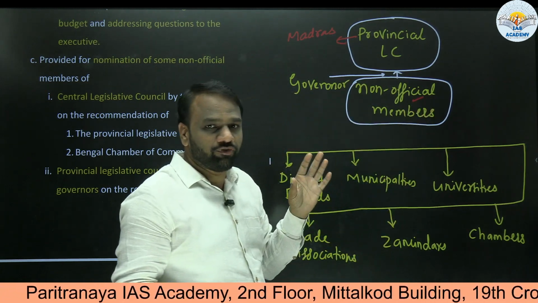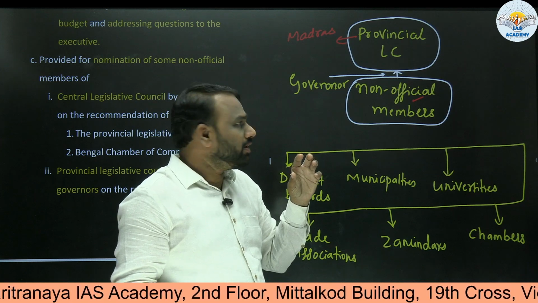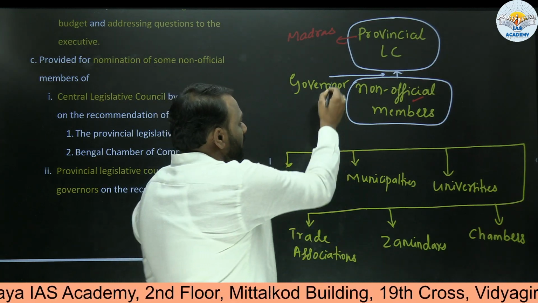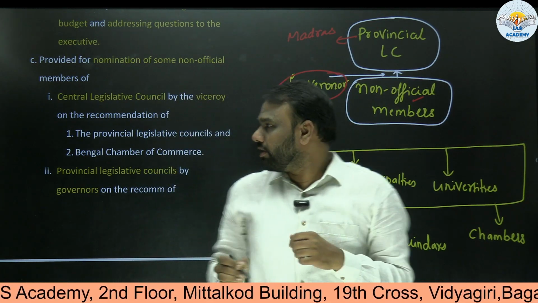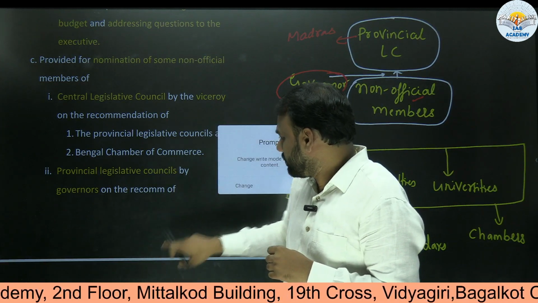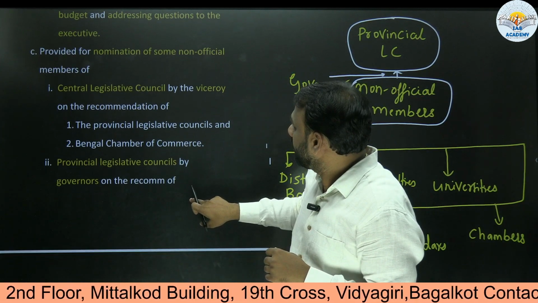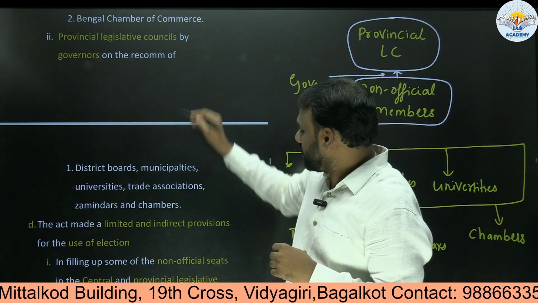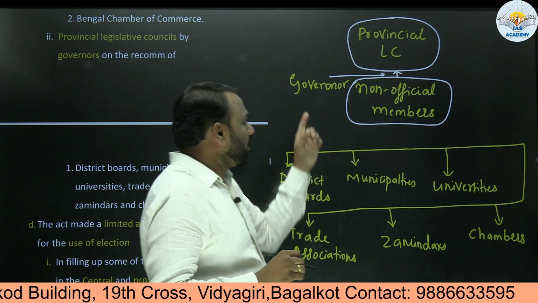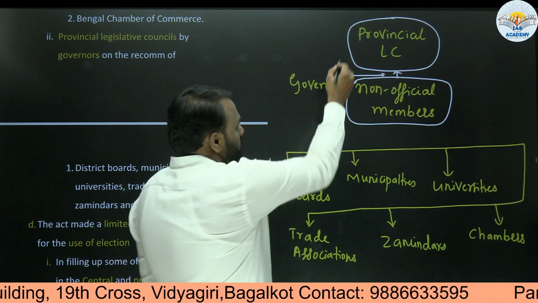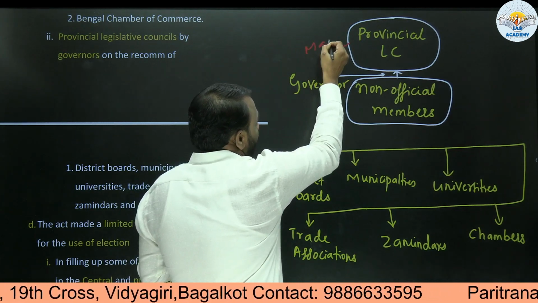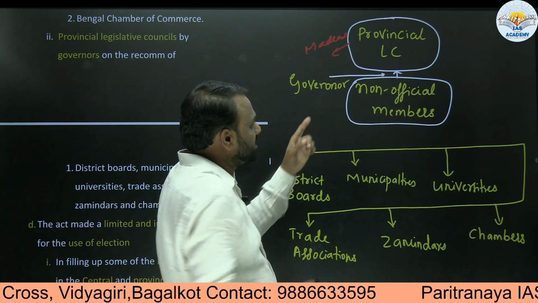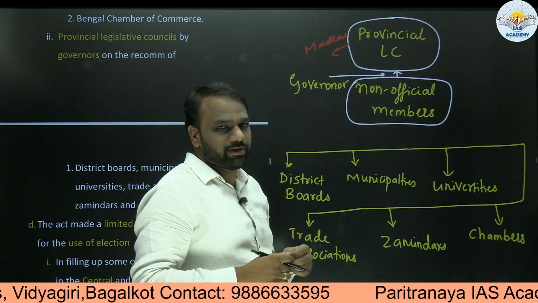Okay, very important. Non-official members were nominated. So who used to nominate? Governor. Okay, very important. Governor of which? Governor of Madras. So the governor of Madras will nominate to Madras Provincial Legislative Council few non-official members.